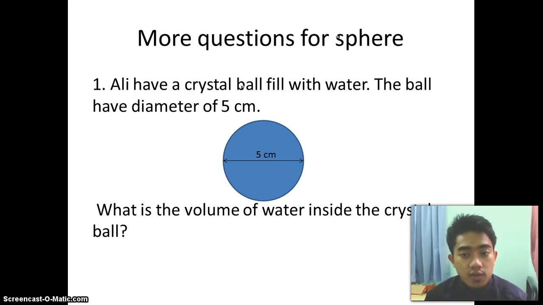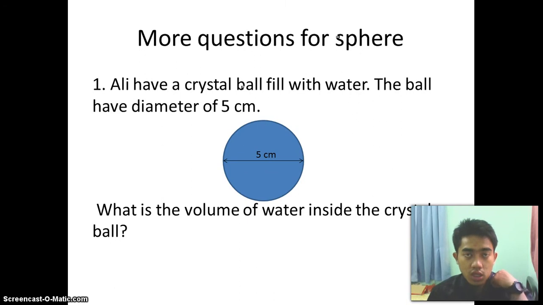Ali has a crystal ball filled with water. The ball has a diameter of 5 centimeter. What is the volume of the water inside the crystal ball? From the question, we know that the given information is the diameter of the crystal ball is 5 centimeter.